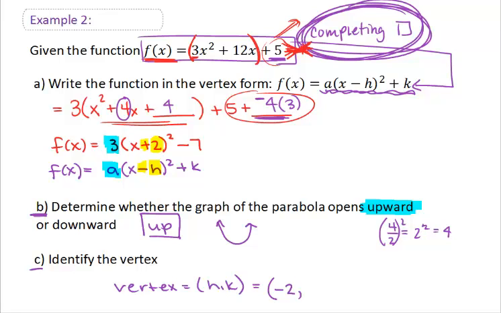Now your k value. Your k value is going to be negative 7. And it's going to be negative because your signs do not line up. So your k value is negative 7. So that gives us our vertex, and that tells us that our graph opens up. Our most important two details about this graph.